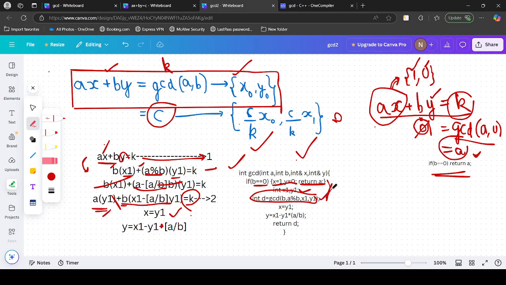And after getting the values from this, how can we update here? So these both are x is equal to y1 and y is equal to x1 minus y1 into a by b. So we are updating x and y based on the recursion of the next state. And finally we are getting the answer, which is GCD. So from the simple function we are able to get the GCD and the pair which is satisfying.